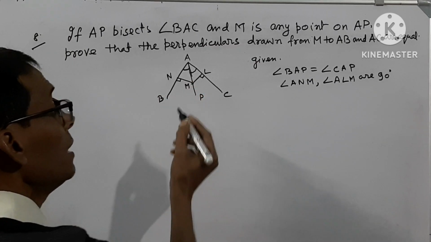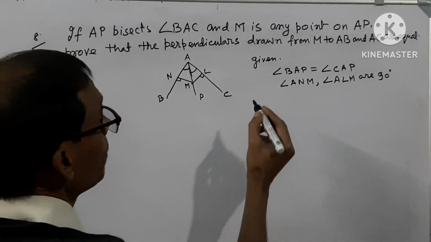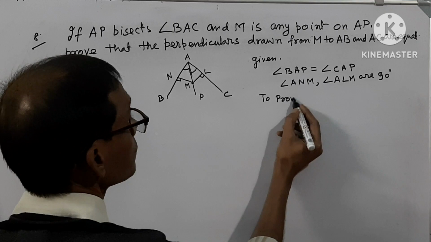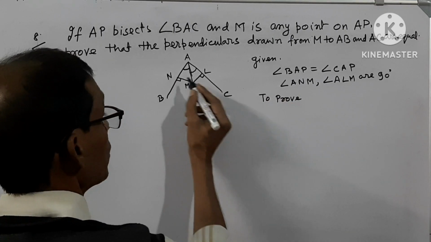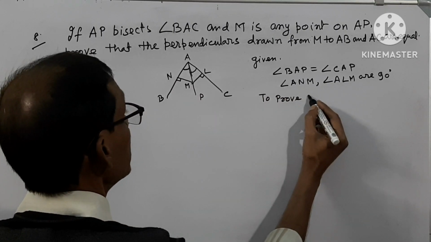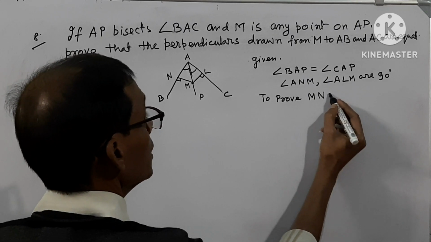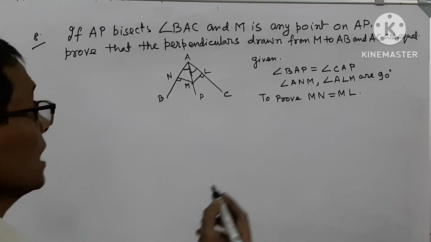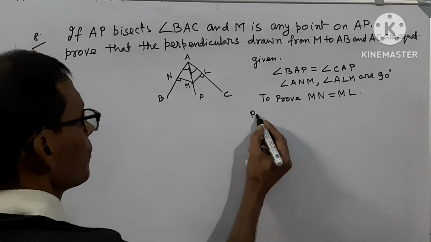And you have to prove these perpendiculars are equal, that means MN equal to ML. Now you have to give the proof.